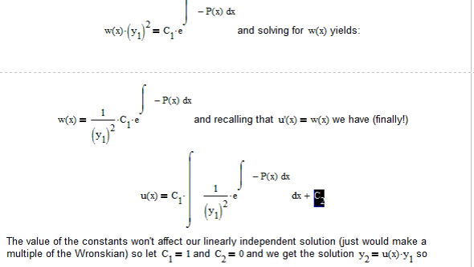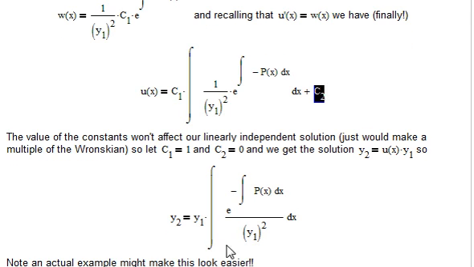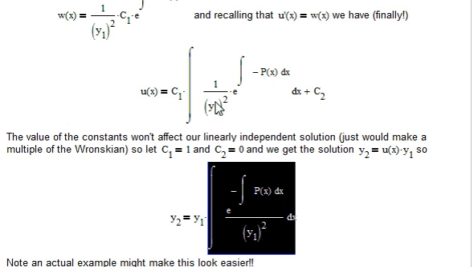Now, the values of the constants will not affect the linearly independent solution. It would just make a multiple of the Wronskian, so just let c1 equals 1, c2 equals 0 to keep it simple. So we do get our solution. y2 is u of x times y1, and here it is, y1 times this god-awful mess that we got when we did this.